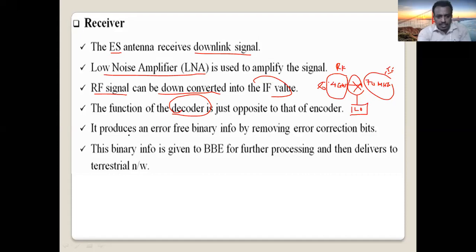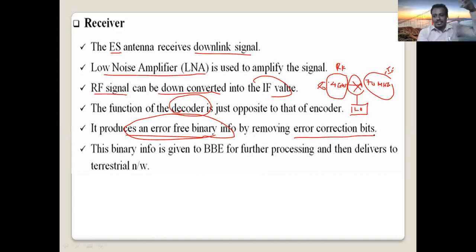So after decoding, we produce what? We produce error-free data by removing the error correction bits. Where are these error correction bits added? In the encoder side.